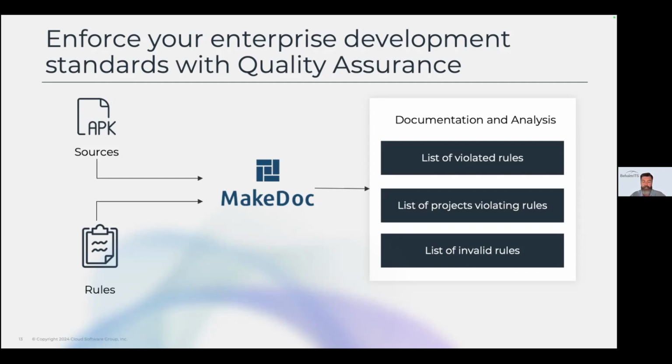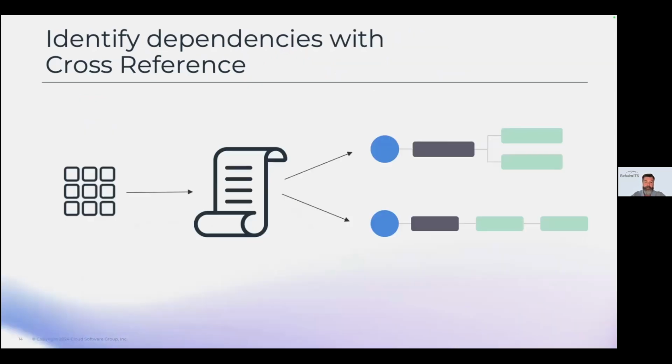The report provides also a list of invalid rules in case that you make a mistake when adding your new custom rule, and then you are notified and you can fix easily the error, and that's it. So this module helps to keep the quality of your code on a higher level.